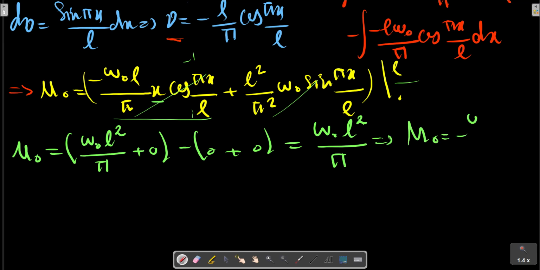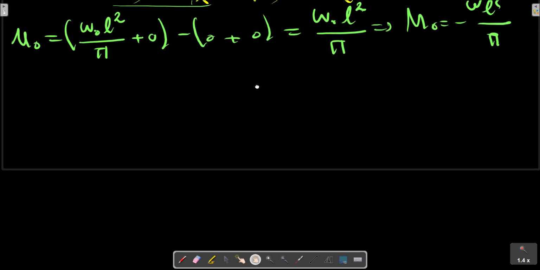M0 equals minus omega 0 L squared on pi. So we have this reaction on the beam.